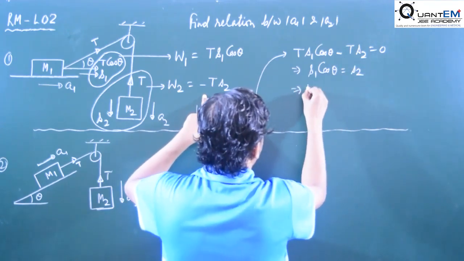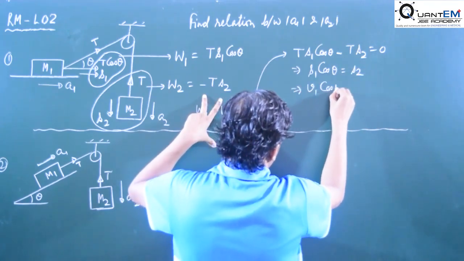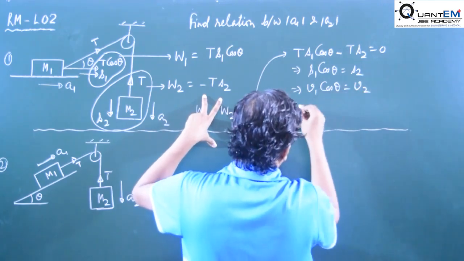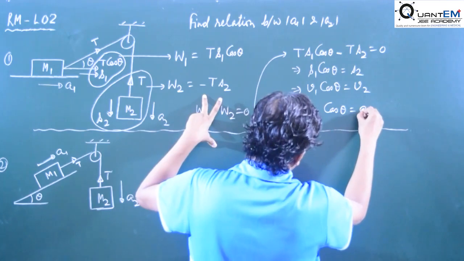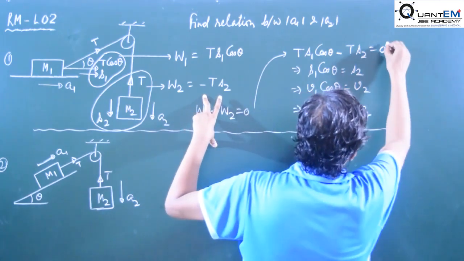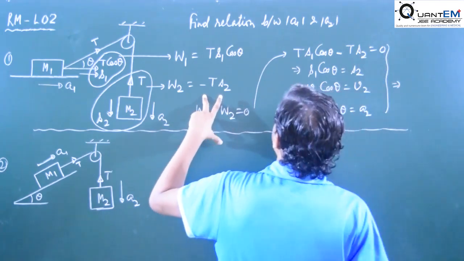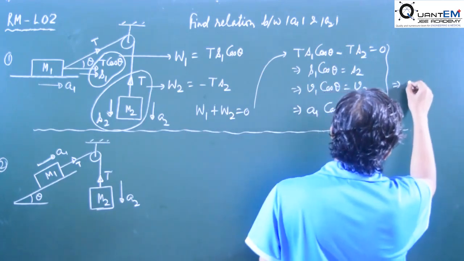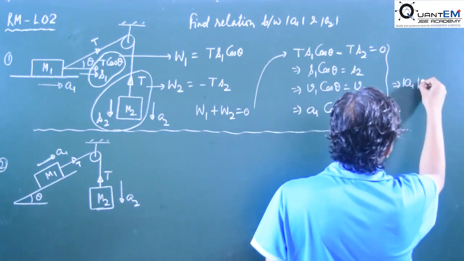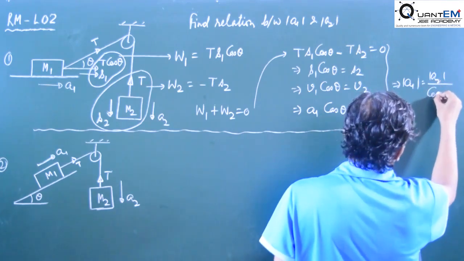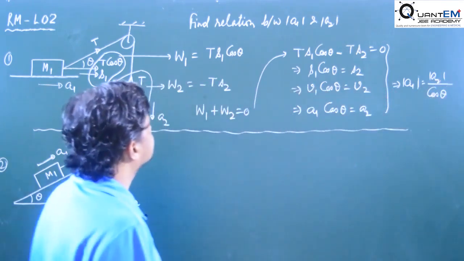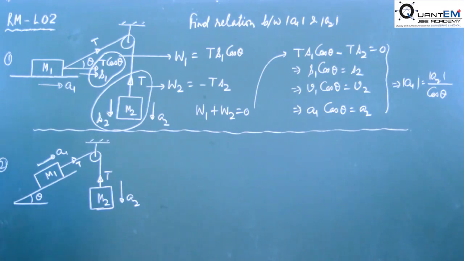The similar relation will hold for the velocity: v1 cos theta is equal to v2. It implies that a1 cos theta is equal to a2. So for this question a1 is equal to a2 by cos theta.